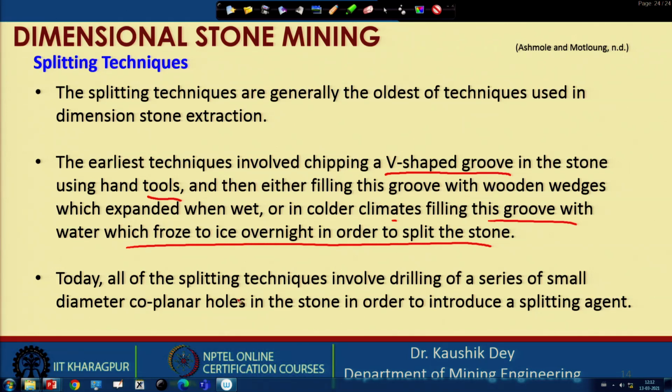And in modern days splitting techniques involve drilling, where closely spaced drill holes are made and then either pushing, hammering, manual hammering or pneumatic hammering or hydraulic hammering, or small scale blasting is carried out for splitting from these holes.